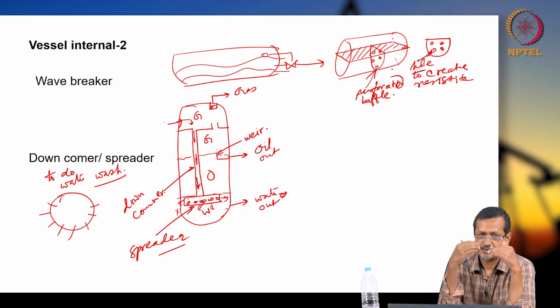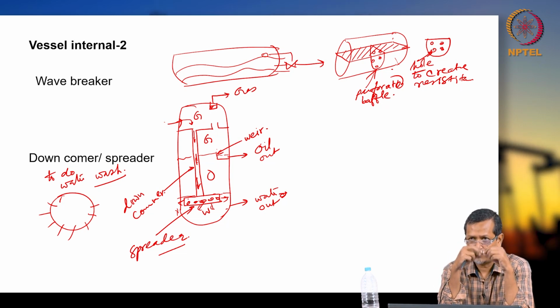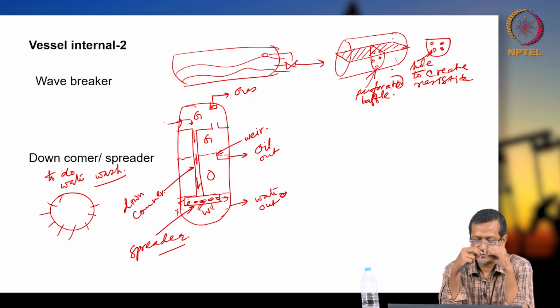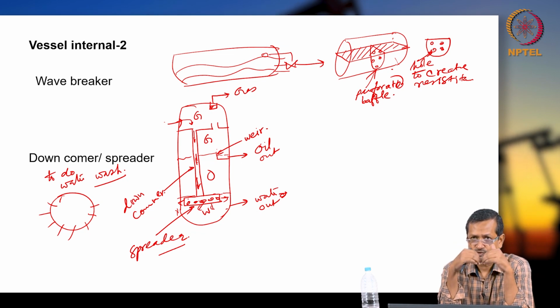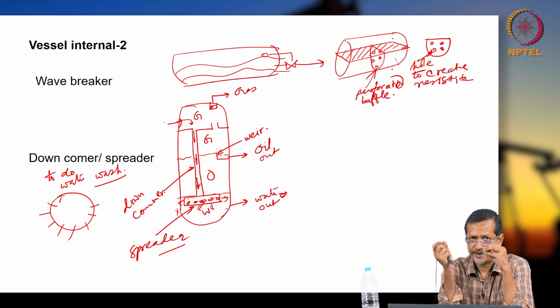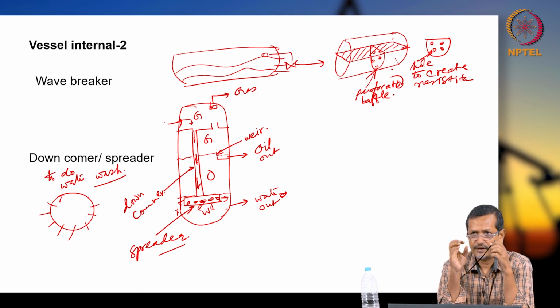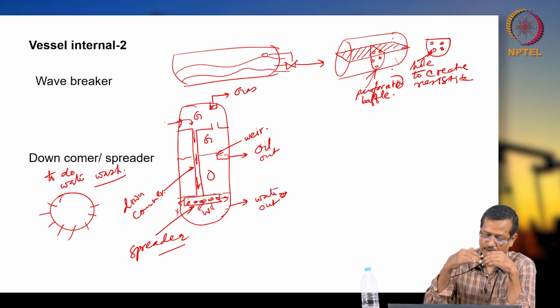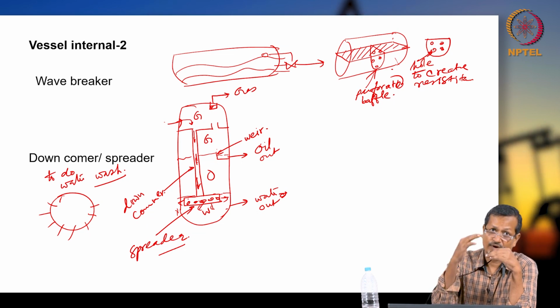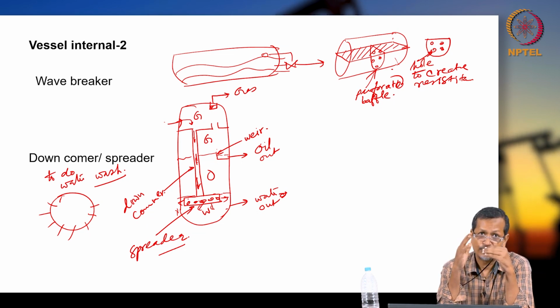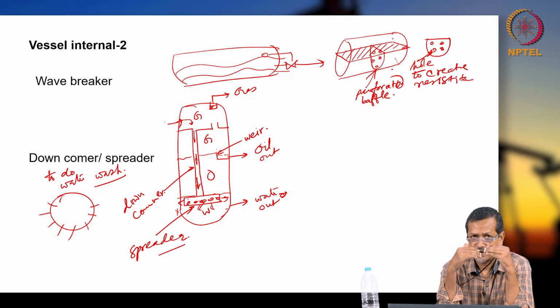When oil particles try to move up, they will try to take some water also. So what you do is put it inside the water zone, so water and water particles create a bigger particle. A bigger water particle will not try to move up, but the oil particle will try to move up.